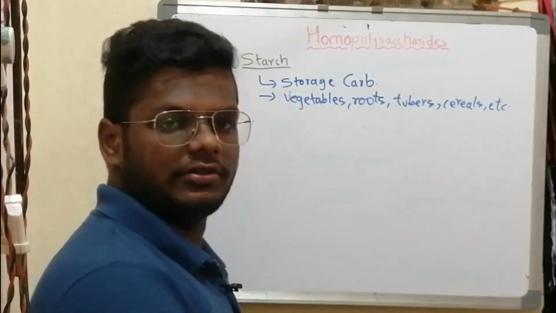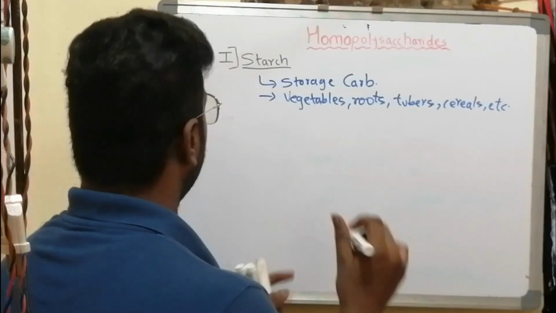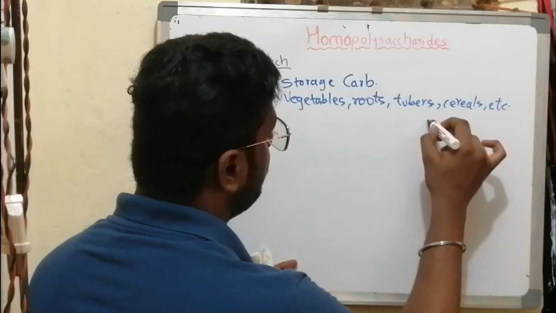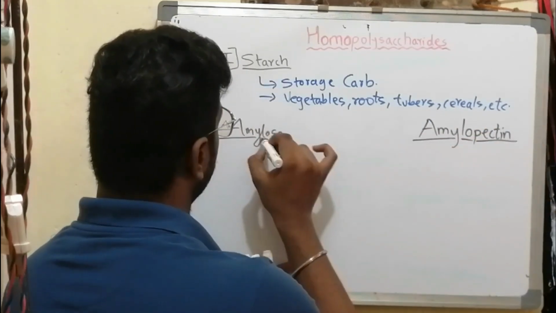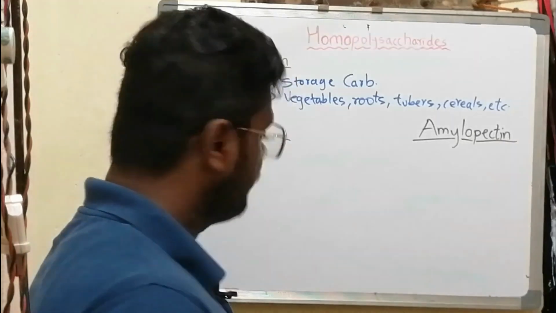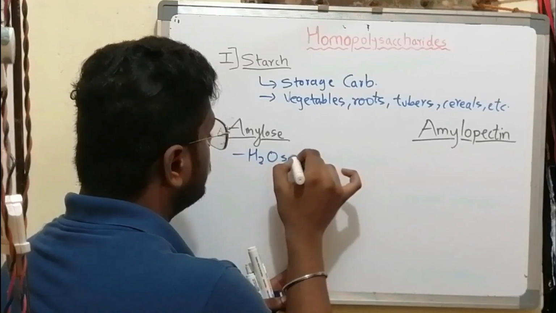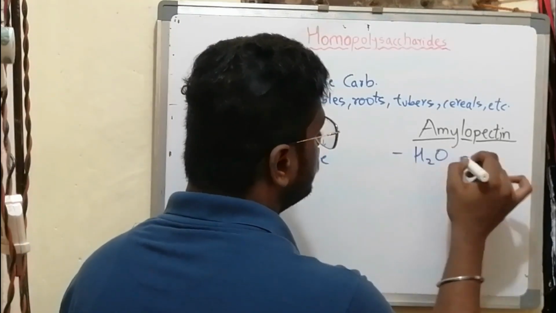Now this starch also has two types, that is amylose and amylopectin. So the difference between them is that amylose is water soluble, whereas amylopectin is water insoluble.